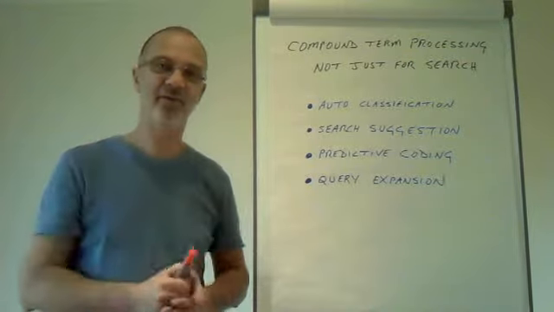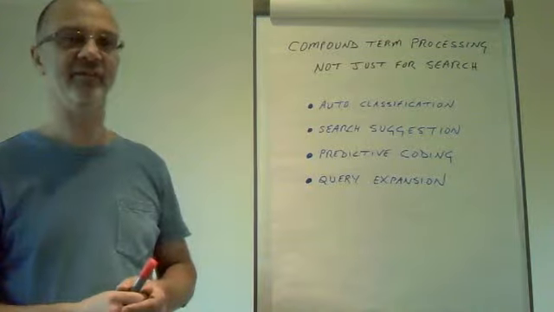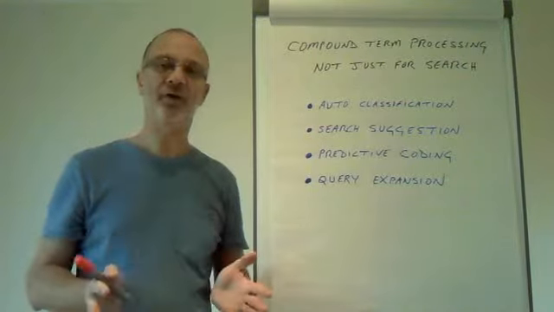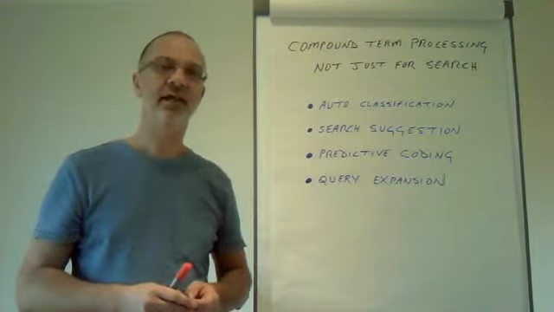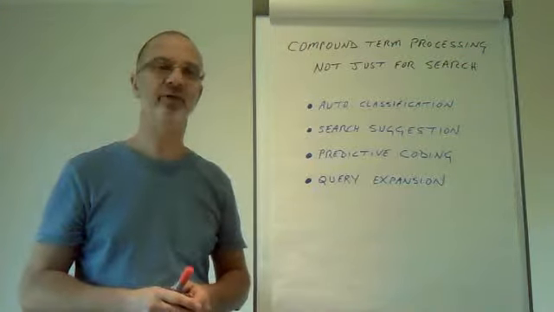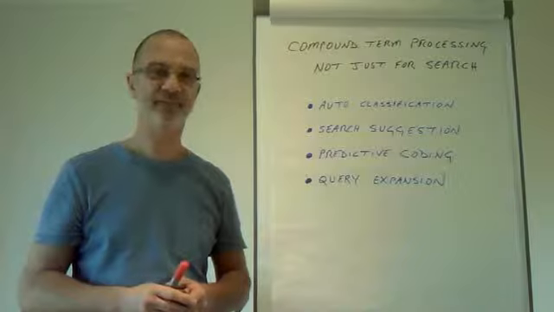I gave some examples previously, but let's take another simple example. Suppose we do a search for laptops, and there's a document out there that talks about mobile computing devices. We'd like to return that document because it's probably relevant to our query.